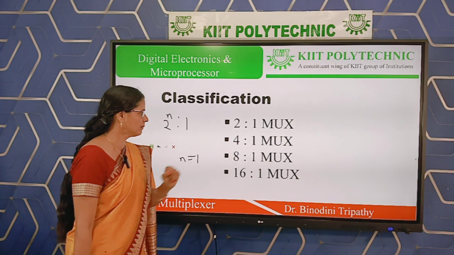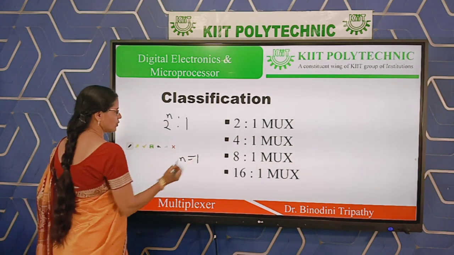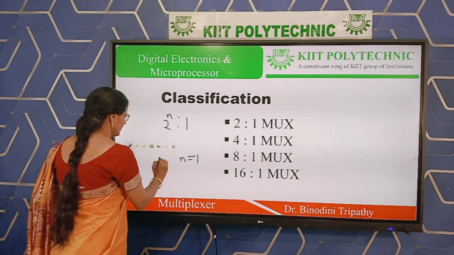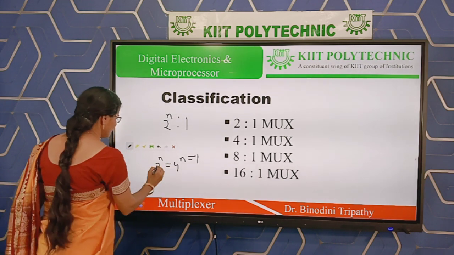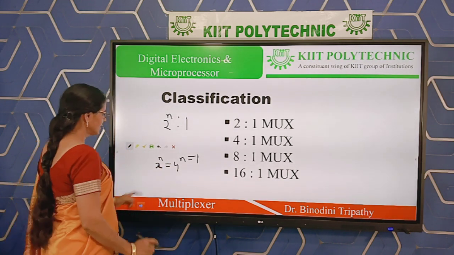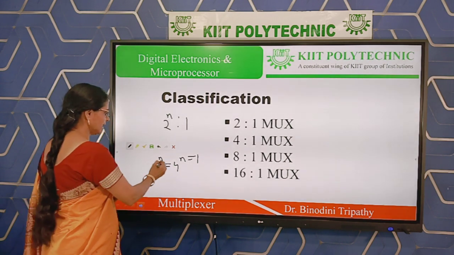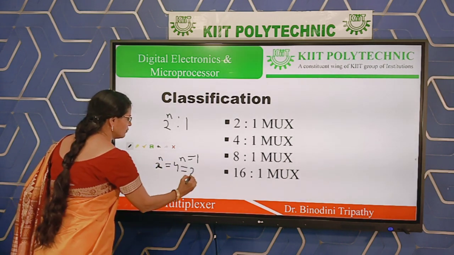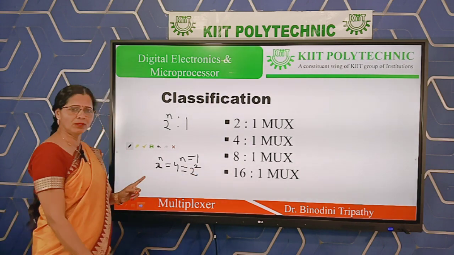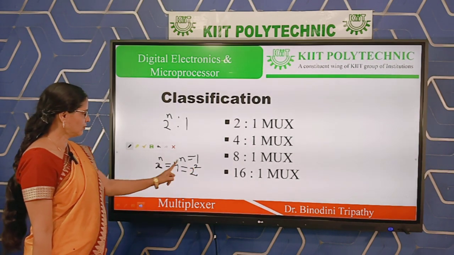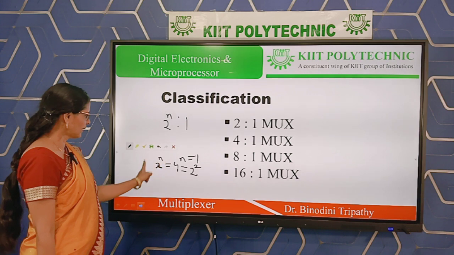Similarly, in a 4:1 mux, 2 to the power n is equal to 4. So what is n? The 4 is the total number of inputs. n is 2 because 4 is the same as 2 to the power 2. So n is 2 and 2 to the power n is 4.